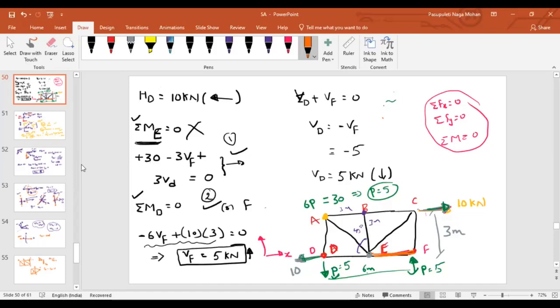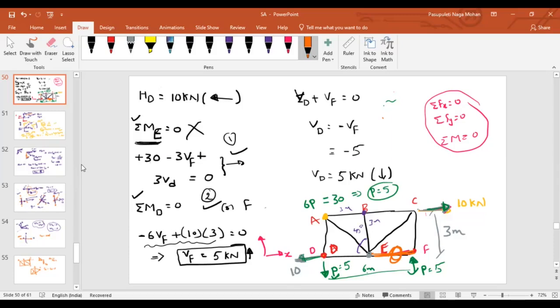P and CF are acting on the same line of action. Yes, sir. And what about the non-collinear member? EF. Is there any force along EF? No, sir. That means what about the force in this member? 0. Then what about the force in member CF? No, sir. 5, sir.